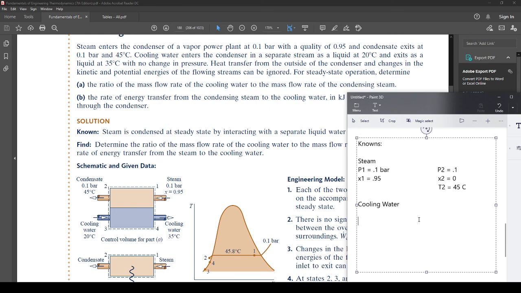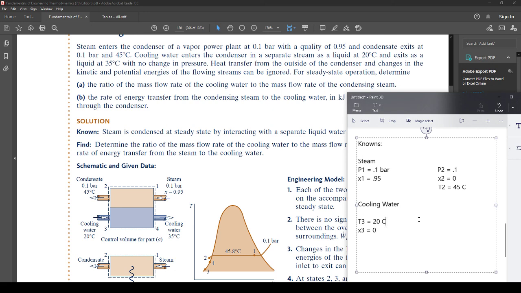It says cooling water enters the condenser in a separate stream as liquid at 20 degrees C. So we were given T1 of cooling water, or you can call it T3. I'm going to call it T3 to help. So T3 is equal to 20C, and X3 is equal to 0.